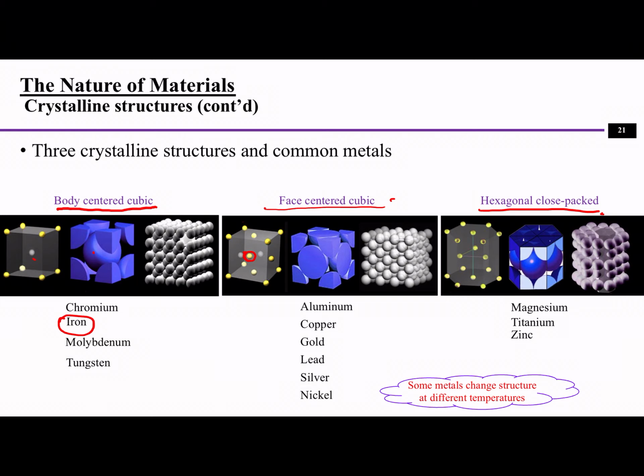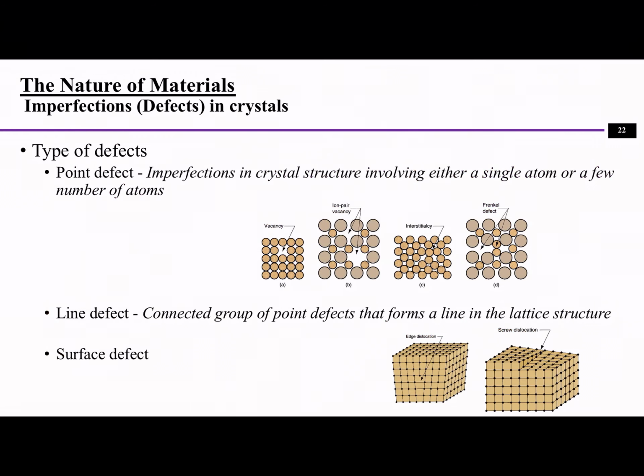By changing those structures, people can manipulate the properties of the materials. That's why you probably heard about heat treatment of iron or steel, so that you can achieve either higher strength or stiffness of those materials.